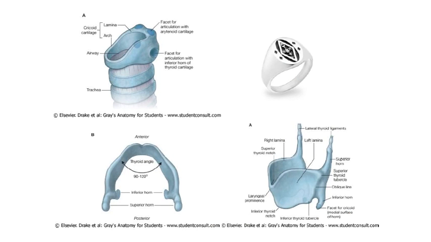The cricoid cartilage is shaped like a signet ring. As you can see, the anterior aspect is shorter compared to the posterior aspect, which is taller and broader. This is the posterior aspect, and this is the anterior aspect.